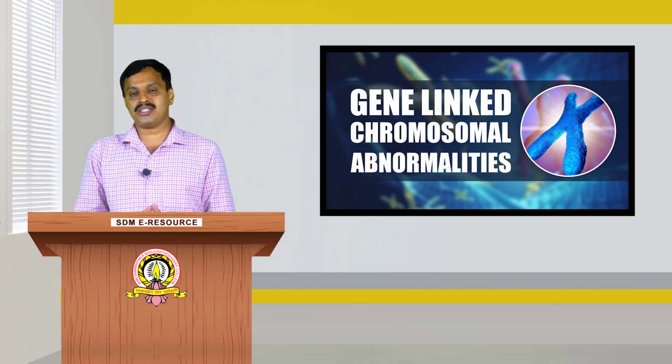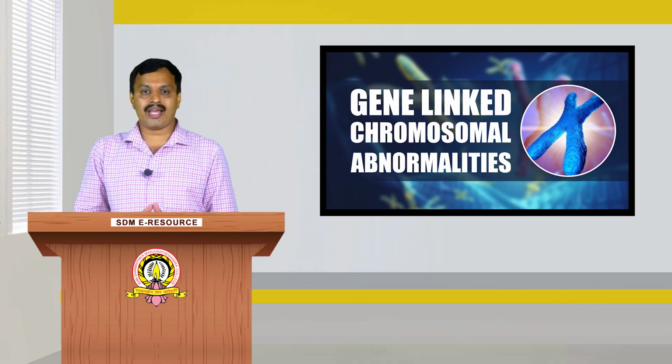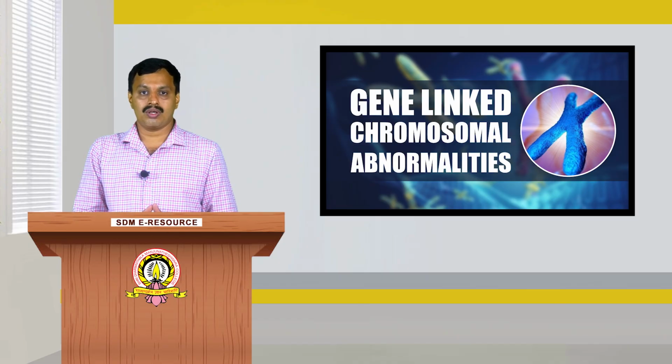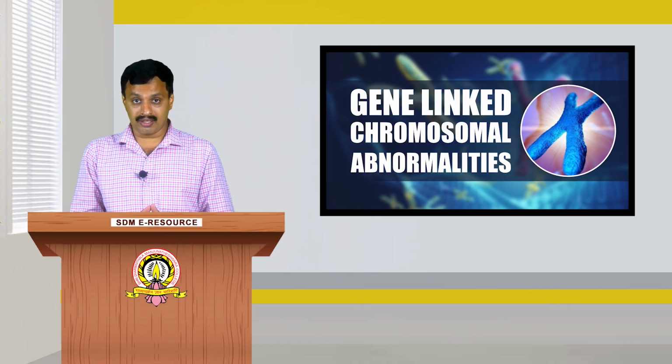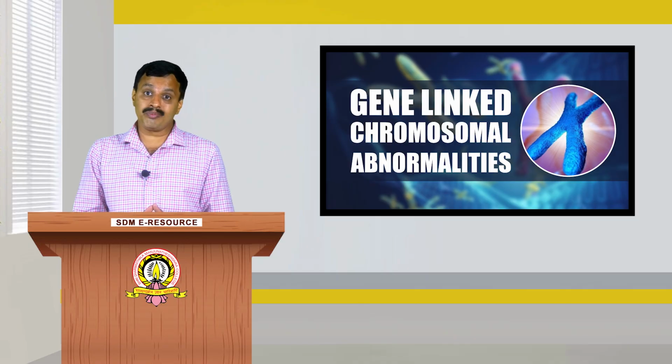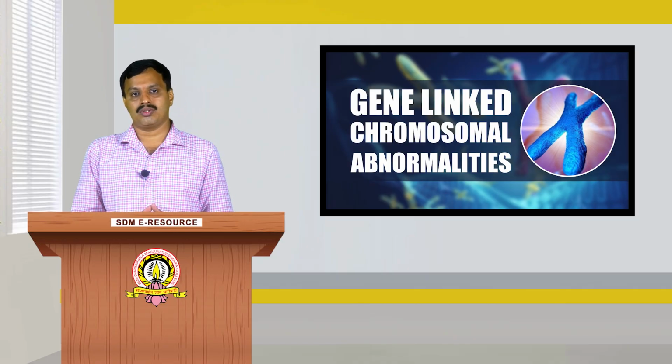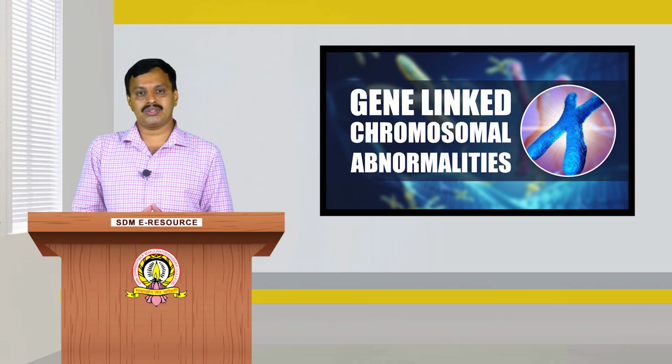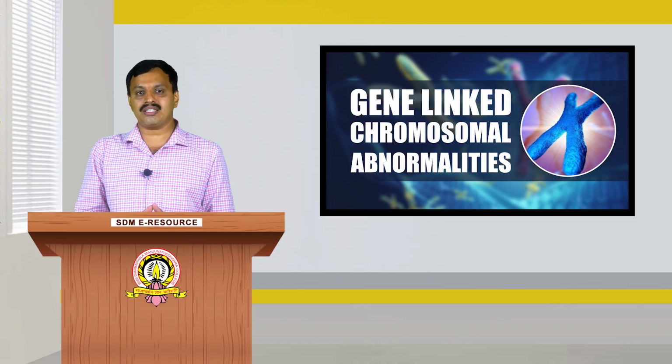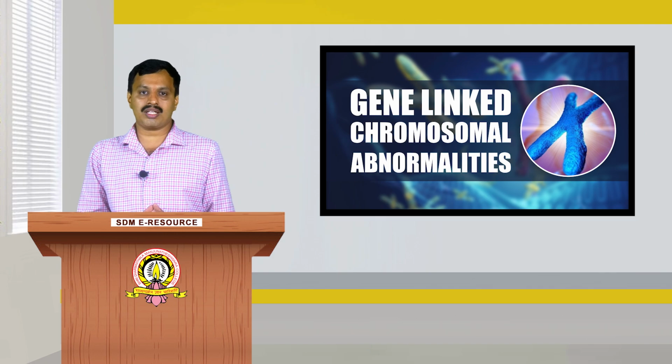So, what happens here? The lack of oxygen carrying hemoglobin in the red blood cells leads to the anemic condition. The structure of the red blood cells will be in a crescent or sickle form.